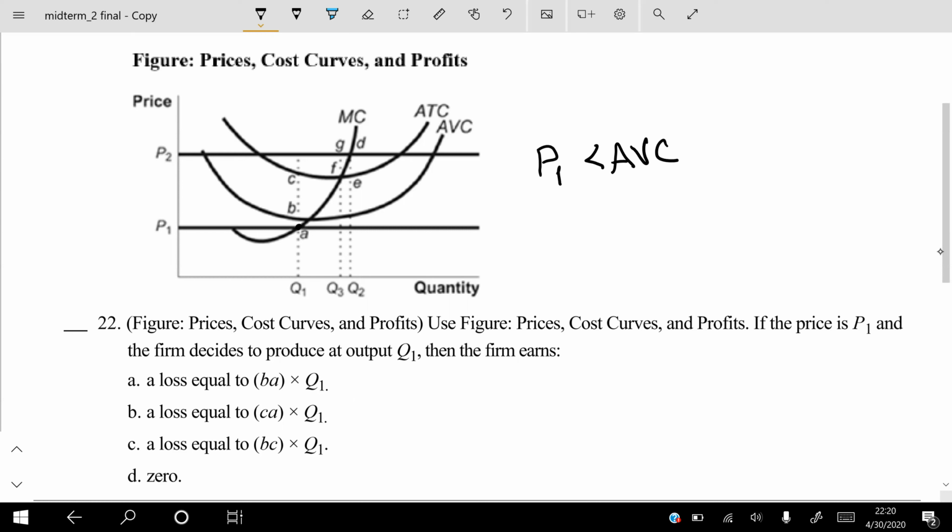And so you're going to have a loss of CA times Q. So you'll have a loss here. Let's use this ugly green, so we'll use it. So the answer here is B.